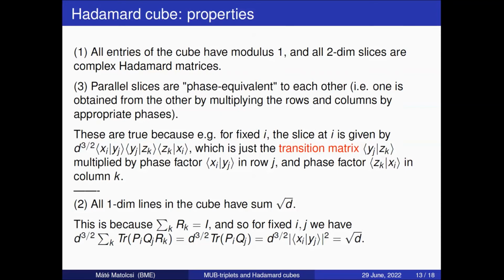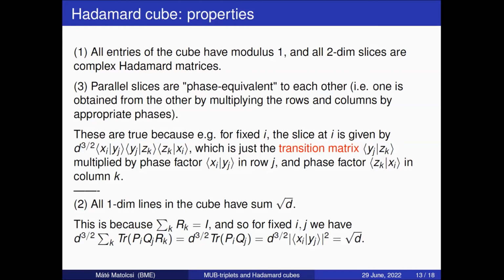Why do the one-dimensional slabs, or stabs, sum up to root d? This is a nice trick, because you see any basis, the projections in any basis sum up to identity. So if you fix i and j and you sum up over k, which is exactly when you stab your cube vertically, then what do you get?